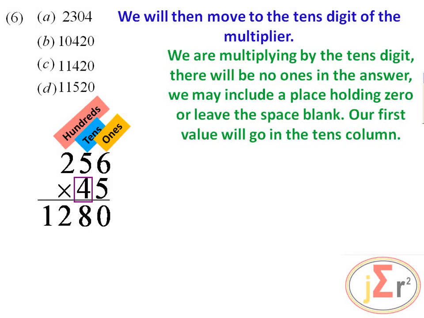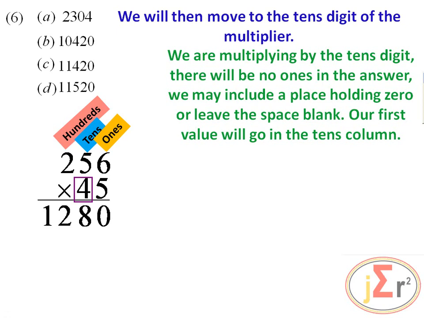So if we are multiplying by the tens digit, do we put a number right here? No. We do not put a number right here because we are multiplying by the tens digit. So there will be no ones in the answer. We may include a placeholder 0 or leave the space blank.